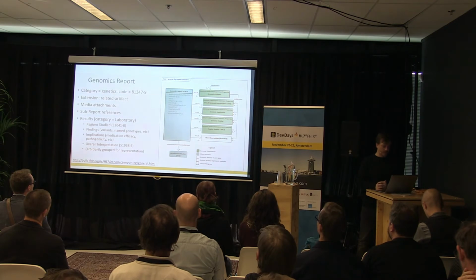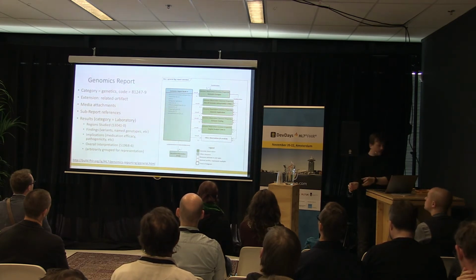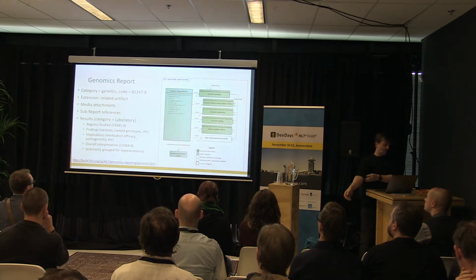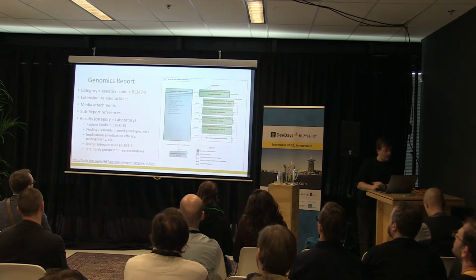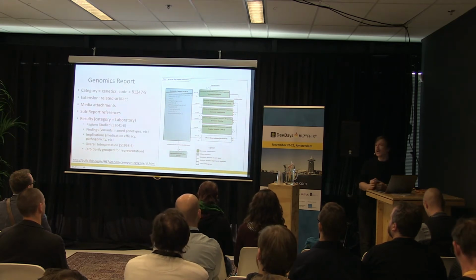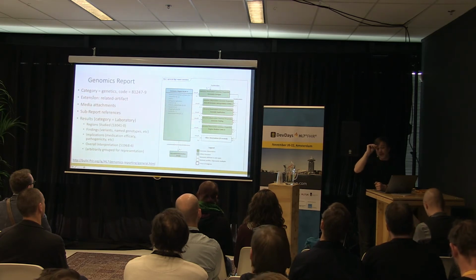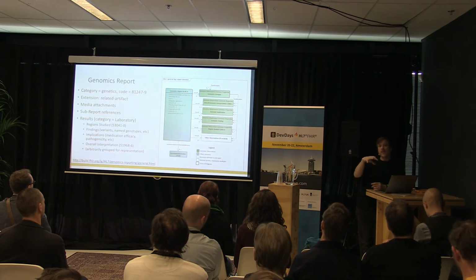Coming to the actual report. So the genomics report, its category is genetics. The code for genetics is 81247-9 in LOINC. There's one extension, a related artifact, that you can point to related artifacts in the sense of my decision is based on this knowledge source.